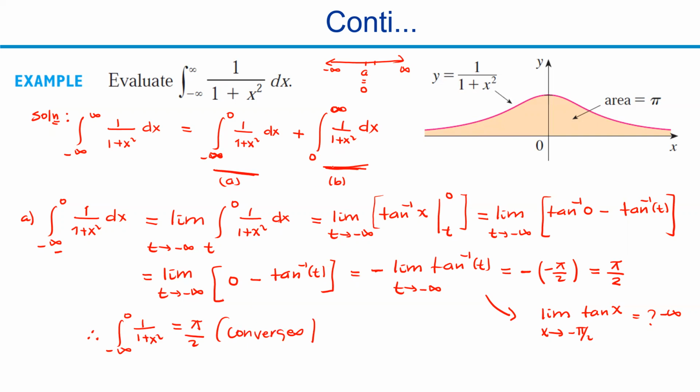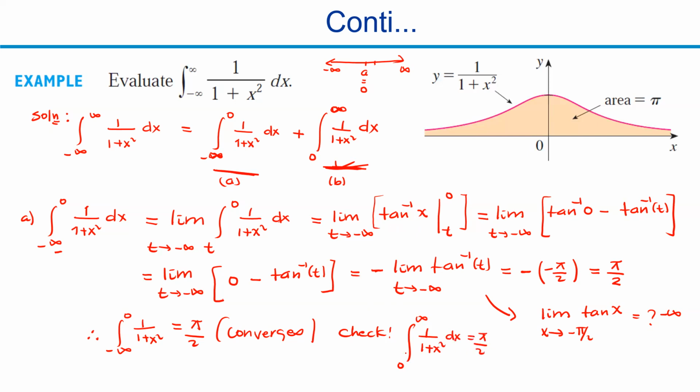Next, you have to do the second part by yourself, okay? They are similar. Just check. They follow the same procedure because the integration of 1 over 1 plus x squared is the same tan inverse of x. Similarly, the integration from 0 to infinity of 1 over 1 plus x squared dx is also pi over 2.